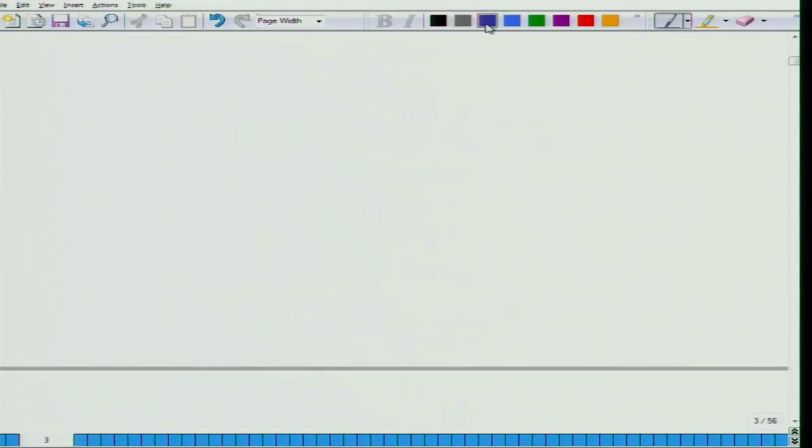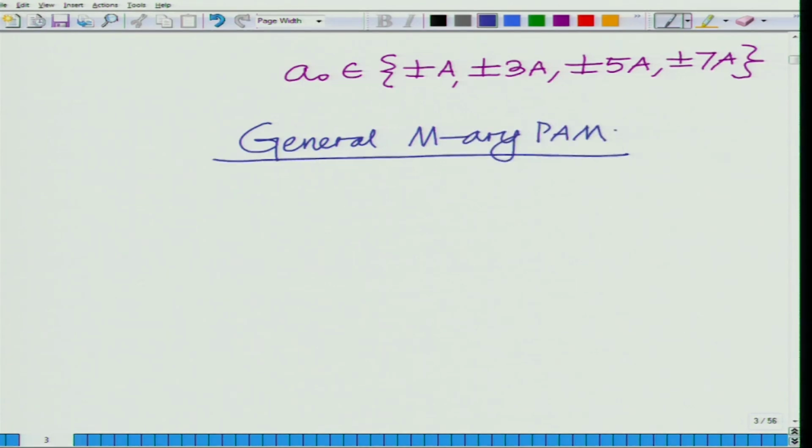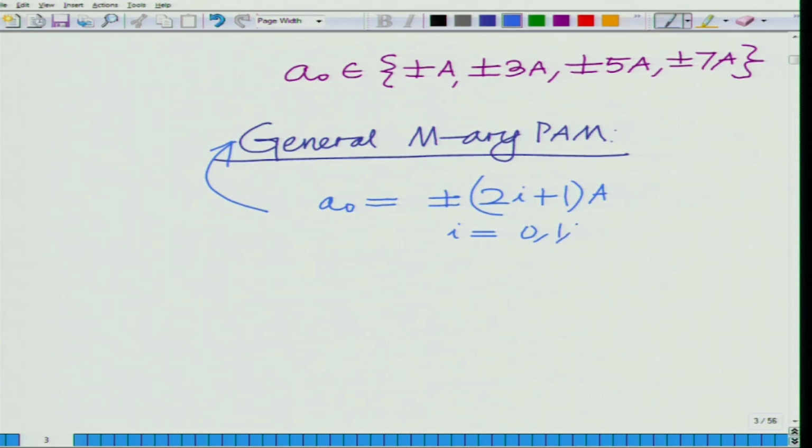Now, for a general M-ary PAM constellation, we have A naught equals either plus or minus (2I plus 1) A, where I equals 0, 1, 2 up to M by 2 minus 1.